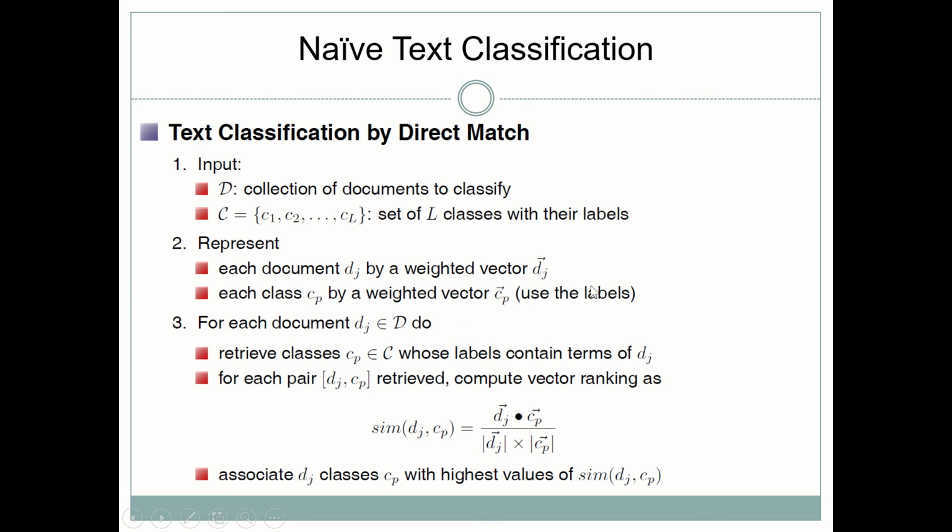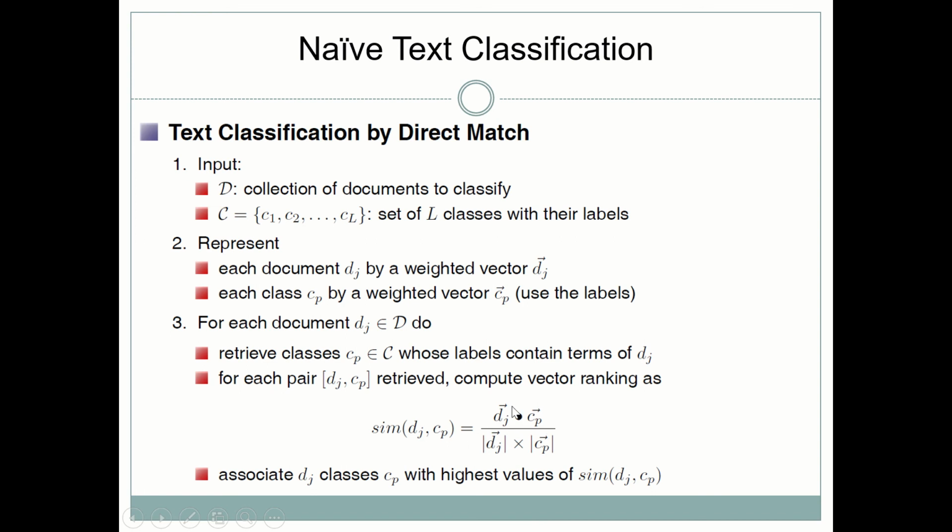We use this to label the document later on. For each document in the set, we try to retrieve the classes that belong to any of the labels we were given initially. We assign that class to that document depending on the similarity we find between the document and the class weighted vector.